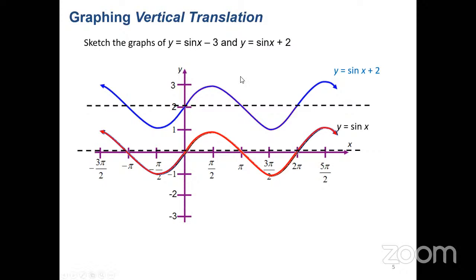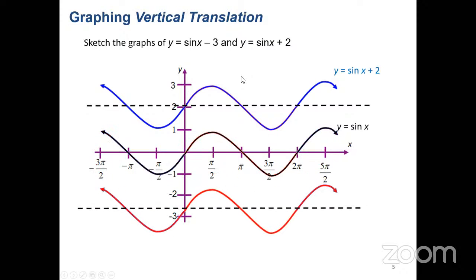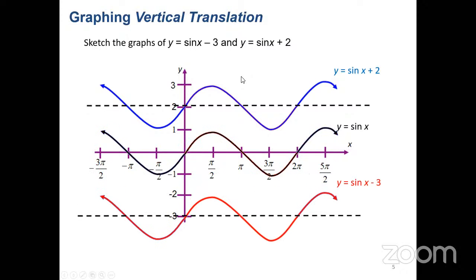You notice that it goes up 2, and then the minus 3 goes down 3. You see that? So you see how the minus 3 will shift it down, and the plus 2 will shift it up. That's what I wanted you to understand, that the number on the outside is going to affect it going up or going down.